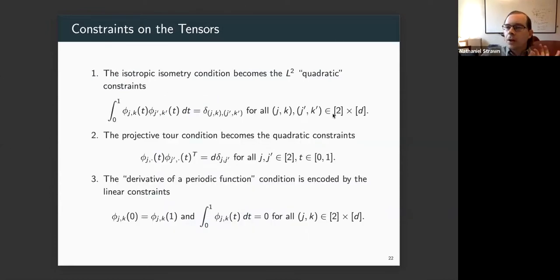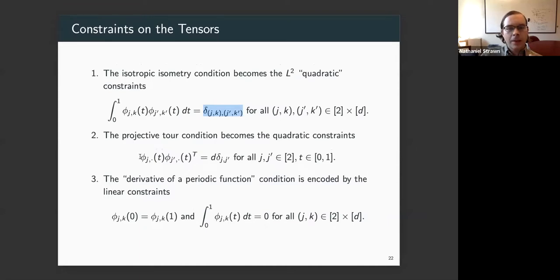So we can transfer all of our aesthetic conditions to conditions on this matrix of functions, right? So the isotropic isometry condition becomes the L2 quadratic constraints, which are, well, if I integrate from 0 to 1, if I take inner products of jk versus j prime, k prime, phi, well, I get a Kronecker delta. The projective tour condition becomes the quadratic constraints.